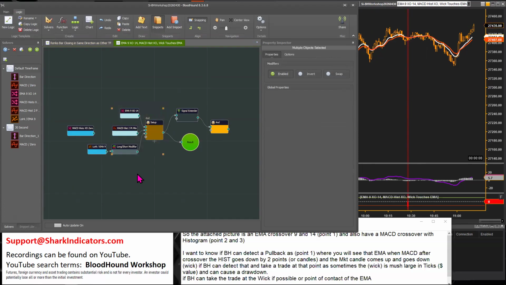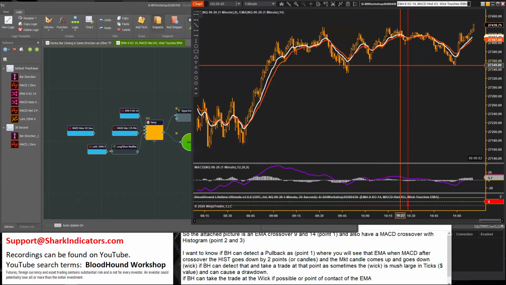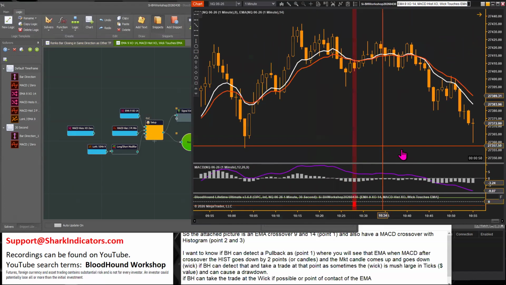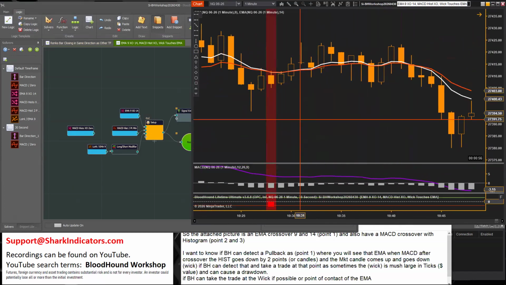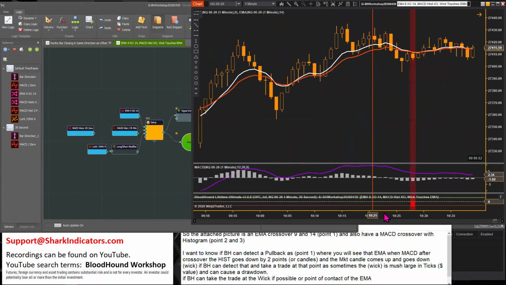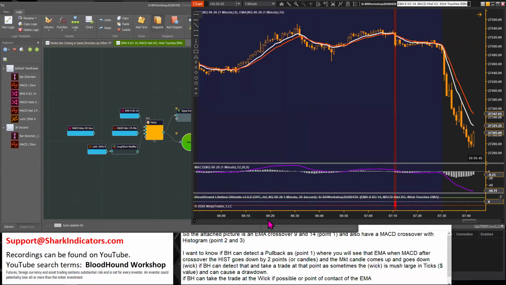But ultimately, if you don't want to allow a signal on the second bar right after the setup, so if you know for sure that you're actually, let me see if I can find a better example here.